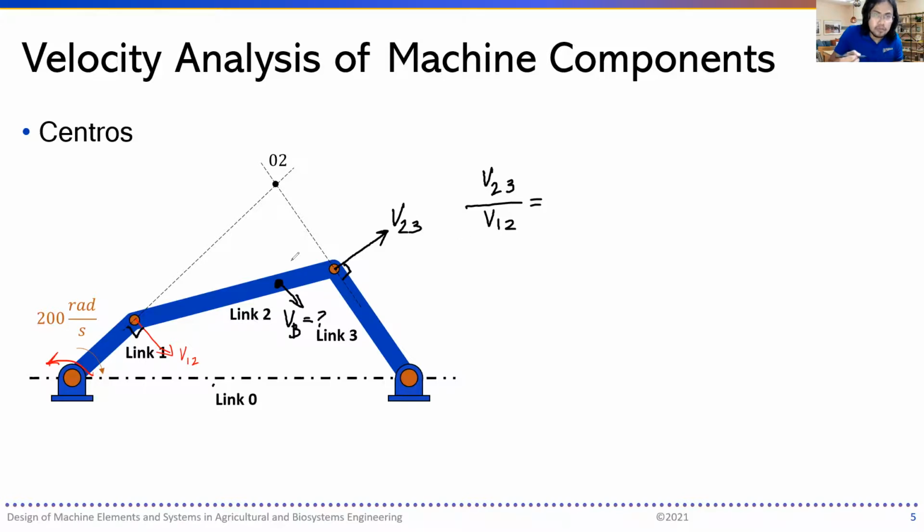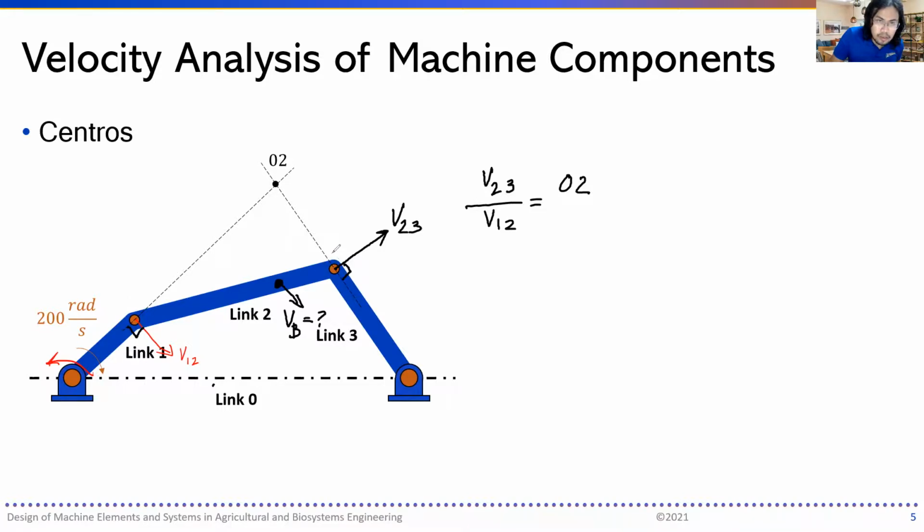Applying the analytical method to solve for the centro, because we have our centro here, so we have V23, it's known, and it's directly proportional to the length of our distance to the centro. So it's 0, 2. Where's that 0, 2? Our 0, 2 is over here.